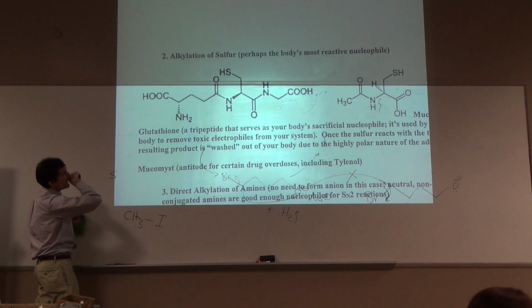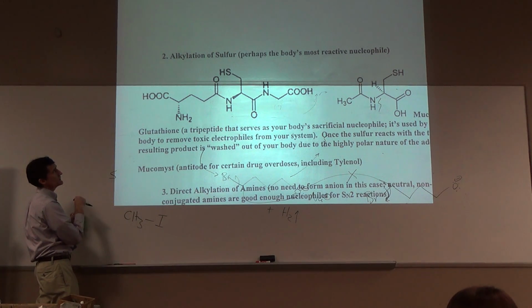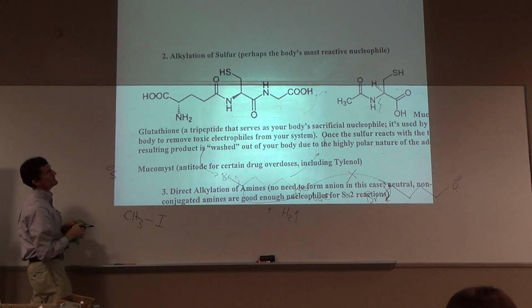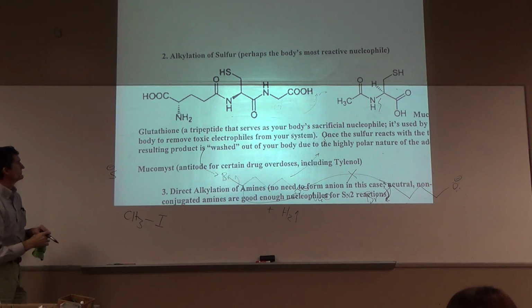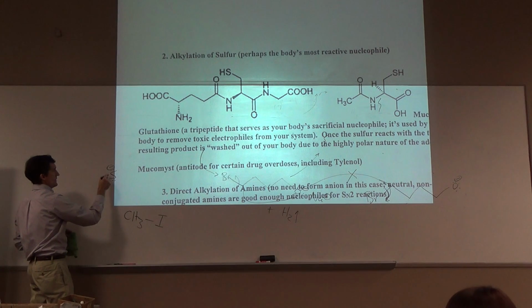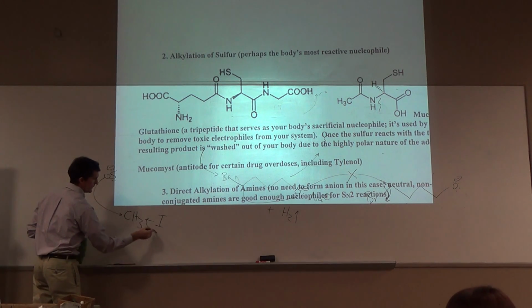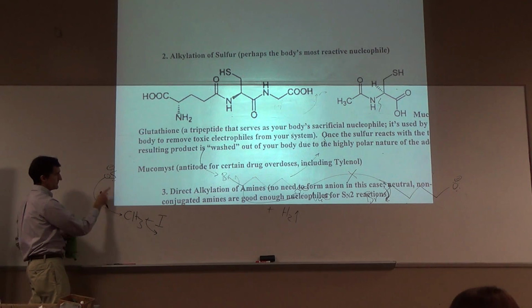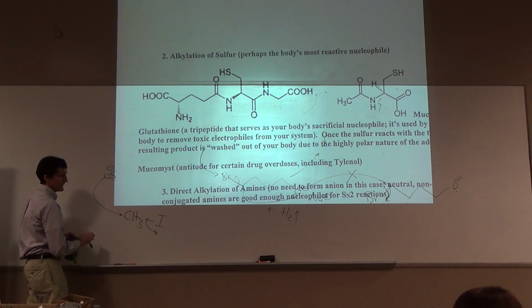Again, it's relatively acidic. Under certain conditions, it can be S-. It doesn't have to be. It's a good nucleophile even in a neutral state. That would be an exception. But the sulfur comes in here and becomes alkylated. Methyl gets on the sulfur, right? SN2.